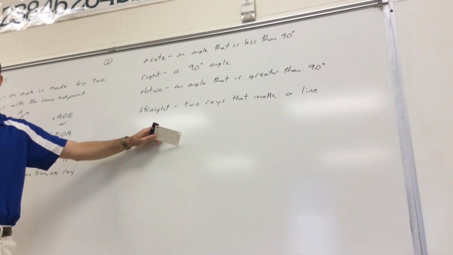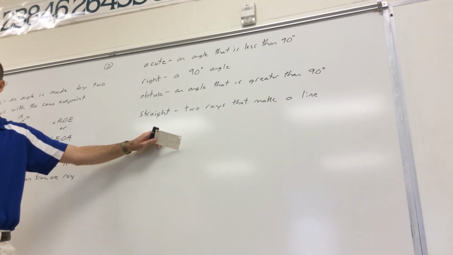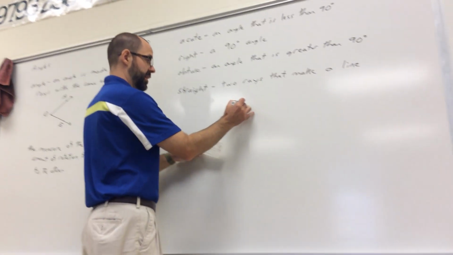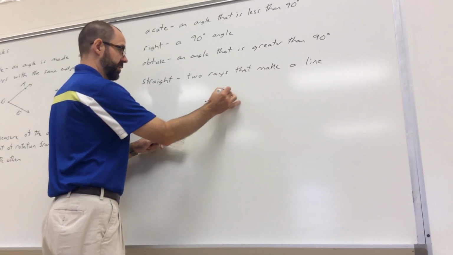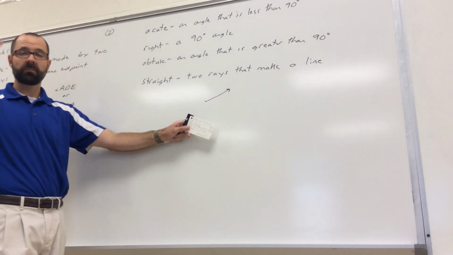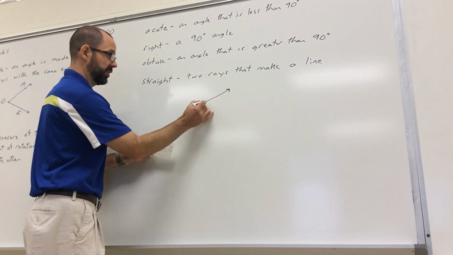So straight is two rays that make a line. The way you do that is you have a ray going this way. So there's one ray. And then you have another ray going this way.